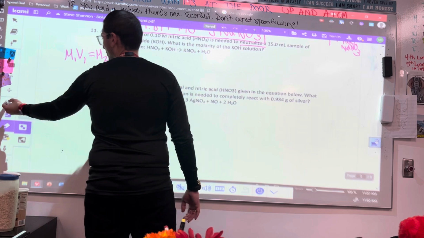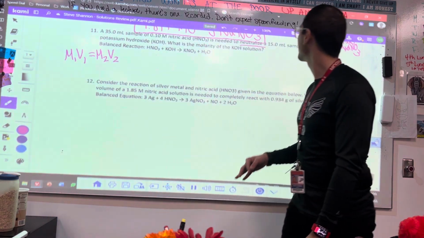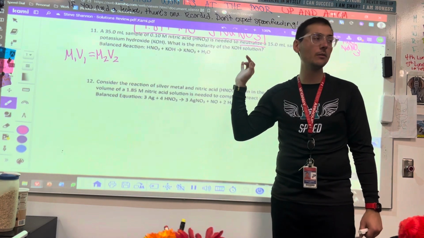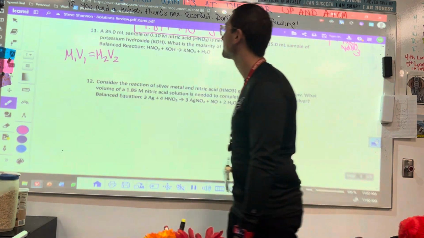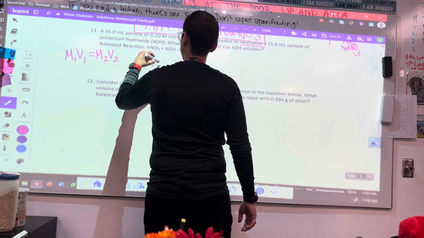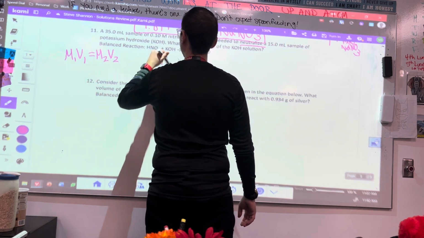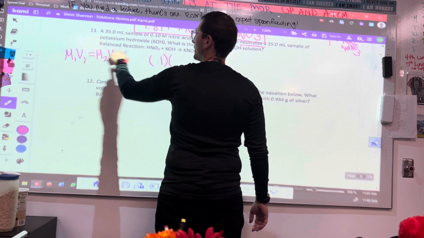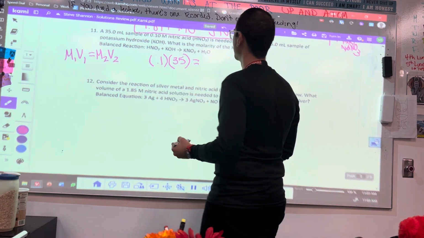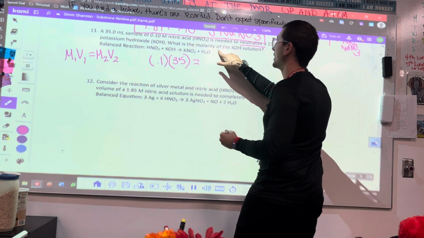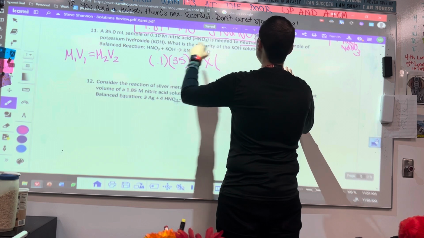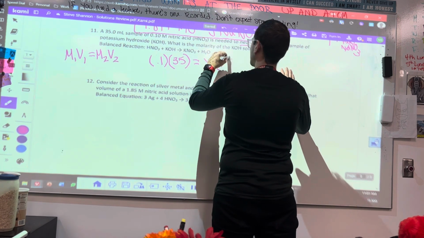And this one, I don't have to convert to liters because both are in milliliters. As long as your volume unit is the same on both sides, you don't have to change it. So I have 0.1 molar as my M1. My V1 is 35 mils, equals my unknown. It says what is the molarity, so that's my X, that's M2, and my V2 is 15 mils.